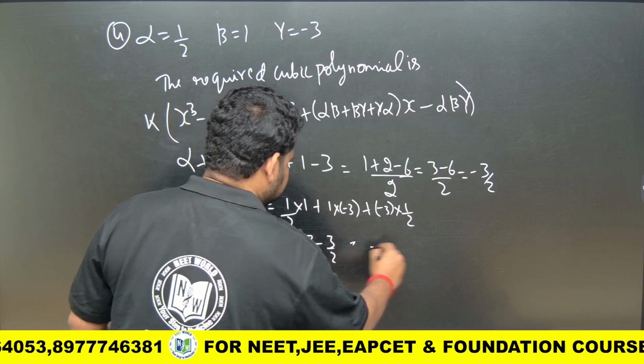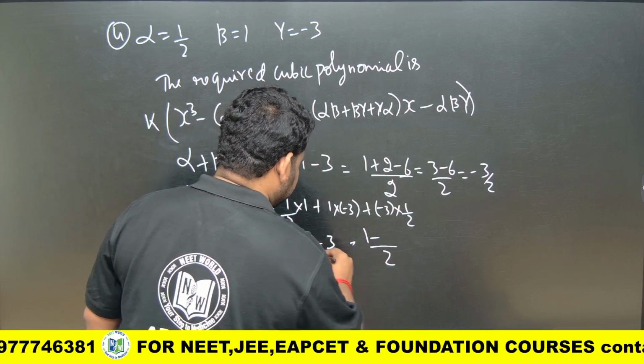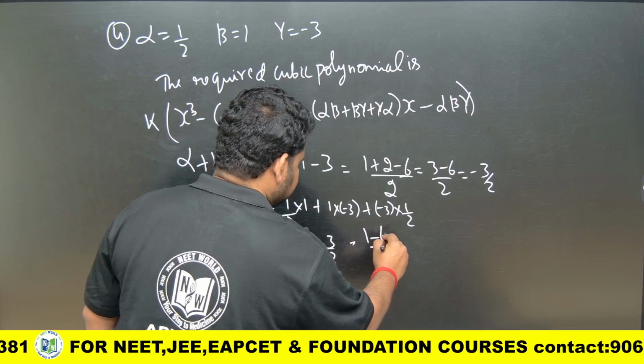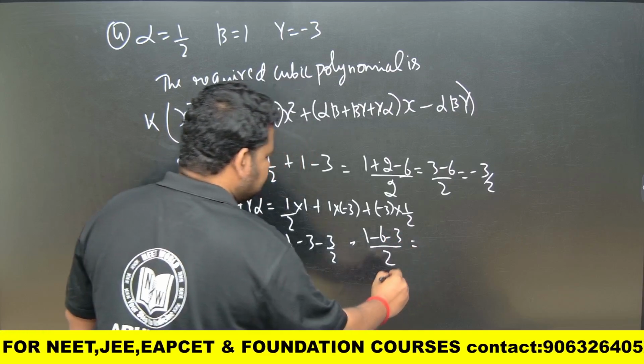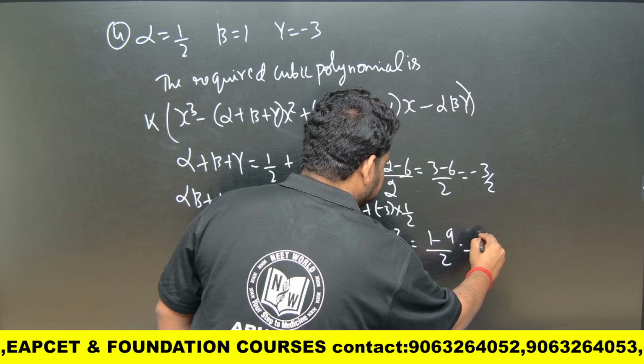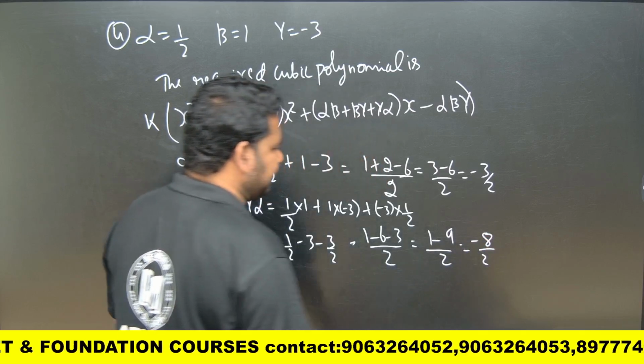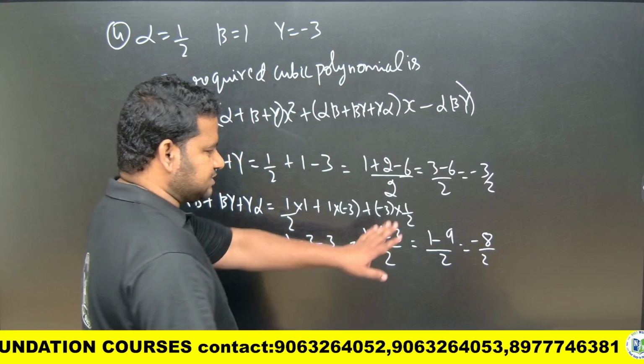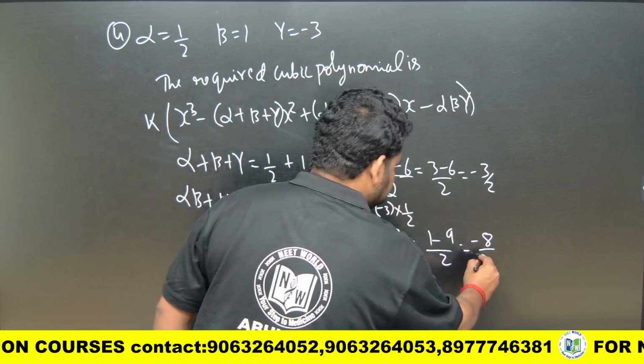The LCM is 2. This will become 1 plus 2 minus 6, minus 3. So, this becomes 1 minus 9 by 2, which is equal to minus 8 by 2. Let us keep it as it is, let us not simplify.